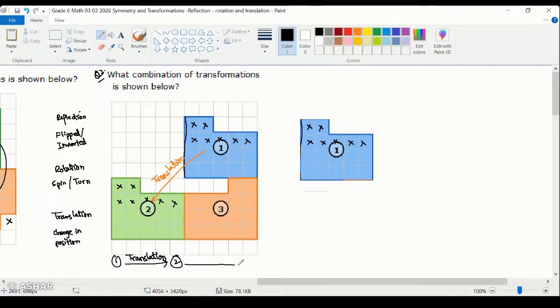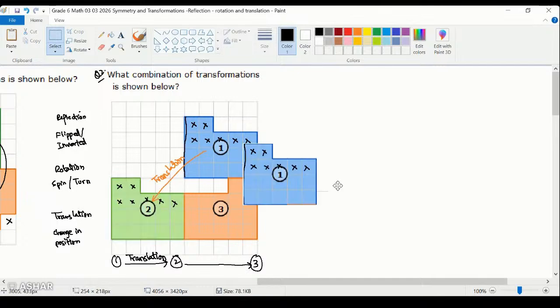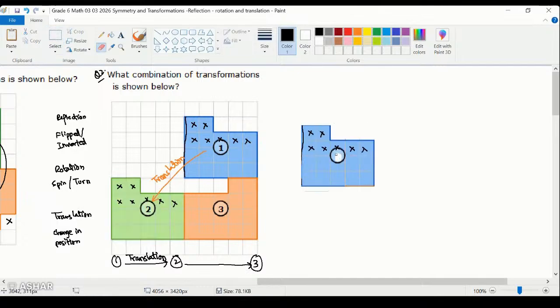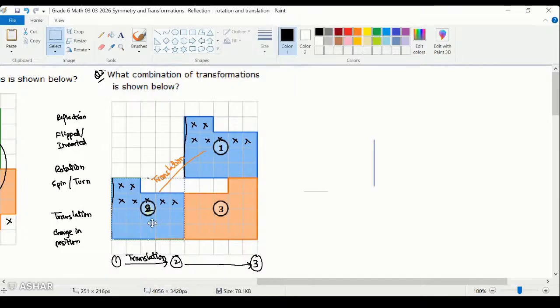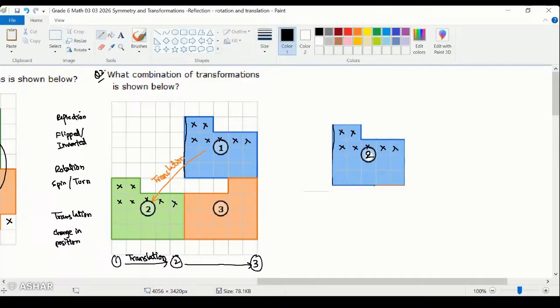From shape number 2 to shape number 3, let's see. If shape number 2 was this, when it moves on to shape number 3, is it exactly the same or is something happening? What we can see over here is the markings were furthest away and 3 empty. 2 filled, 3 empty.